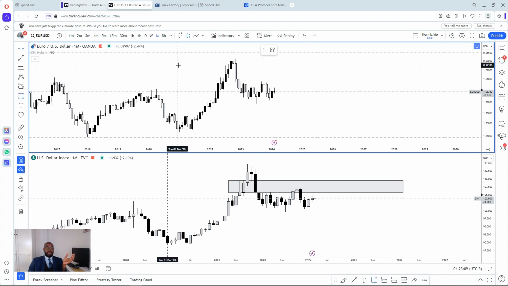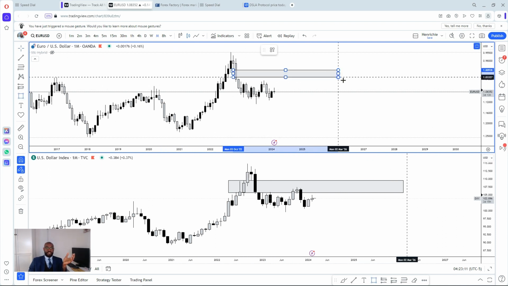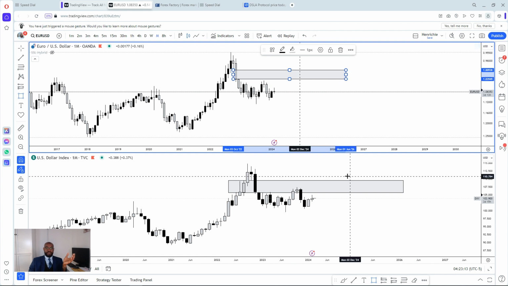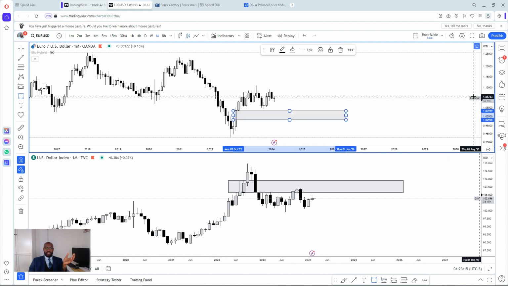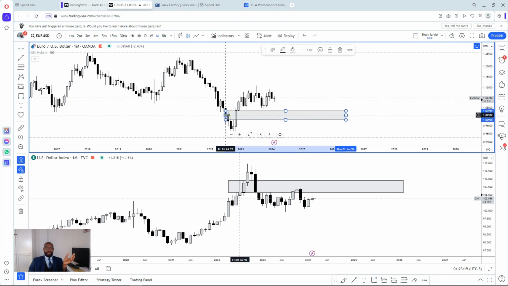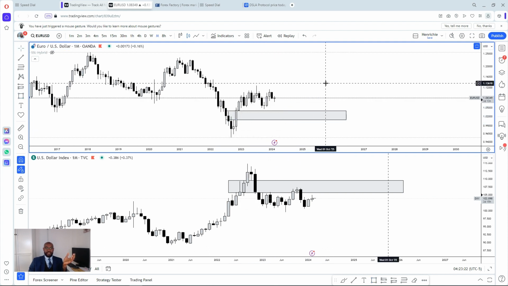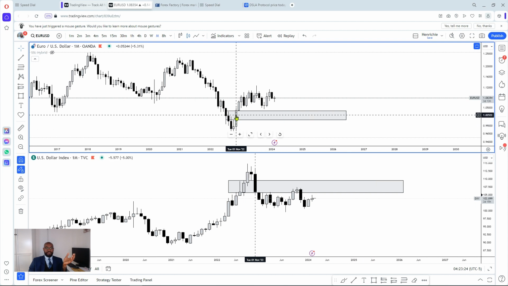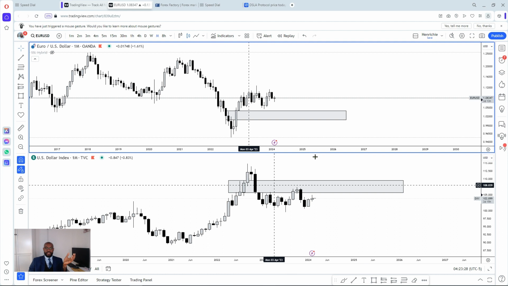Now, this is the same price action, the same inefficiency. What do you see right there? So let me invert the chart so they both look identical. So you can see right here for euro, the inefficiency is there, and for dollar, the inefficiency is there as well.